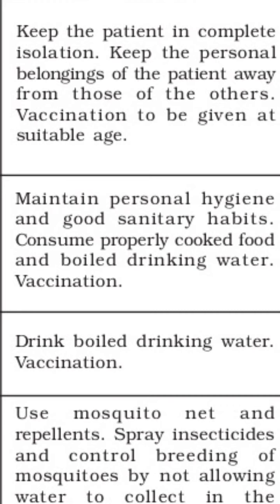Typhoid is transferred through water, and cholera is transferred from water and food. For that purpose, we have to maintain our personal hygiene, drink boiled water, and follow good sanitary habits. Consume properly cooked food, because cholera is transferred from food material. Boil drinking water, and vaccination for both of them is available.